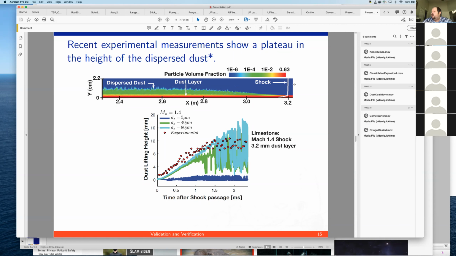And so we have the shock wave sliding over the layer of dust, and we have the dust layer itself, which we are resolving. And then we have the outer edge of the dispersed dust. And notice the volume fraction of this dispersed dust is on the order of 10 to the minus 4. And unfortunately, the stoichiometric volume fraction of coal dust and air is right around 10 to the minus 4.